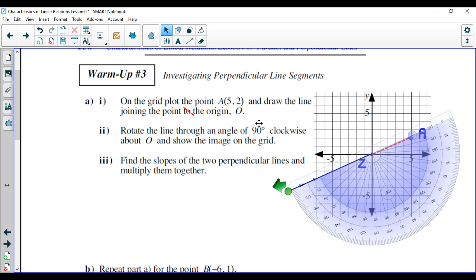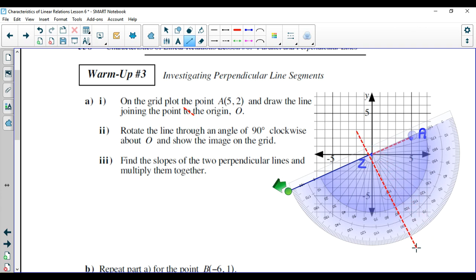Now, we're going to rotate this guy by 90 degrees clockwise, so the point of rotation is going to fall somewhere along a line that would be like 0, 10, 20, 30, 40, 50, 60, 70, 80, 90. So I'm going to draw a line that connects the center of rotation to where 90 degrees on the protractor would be. Let's see how close I can get this.